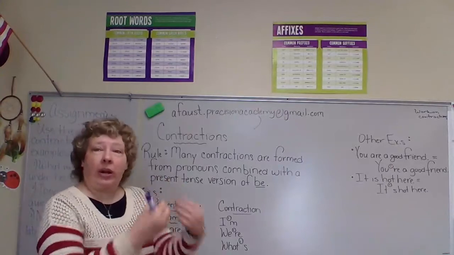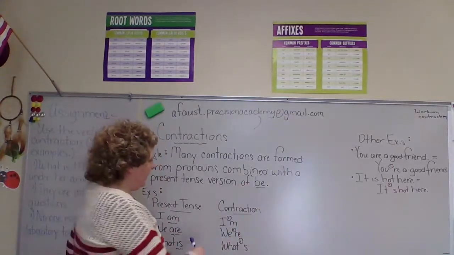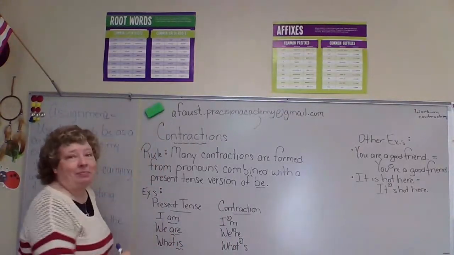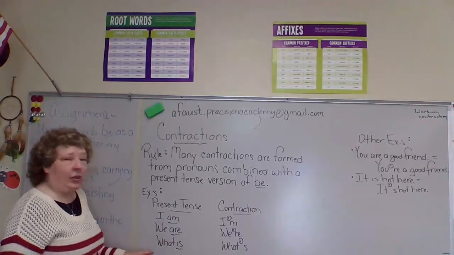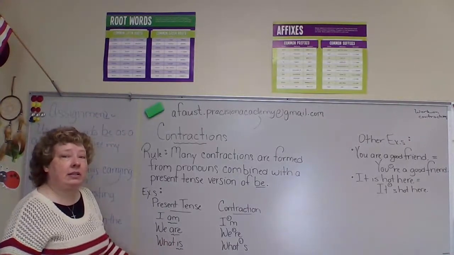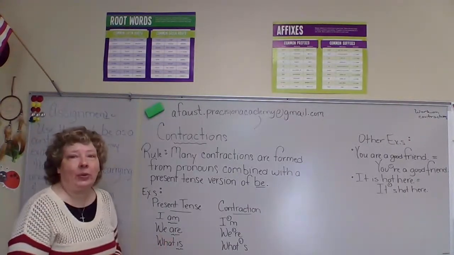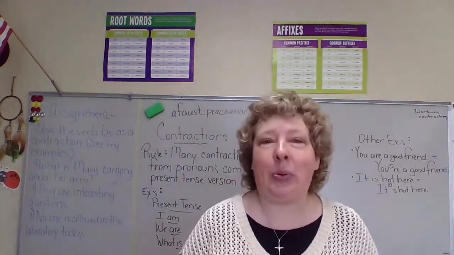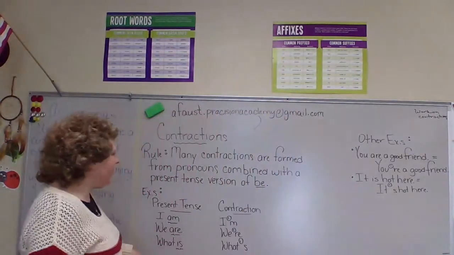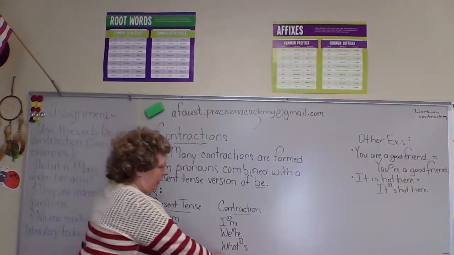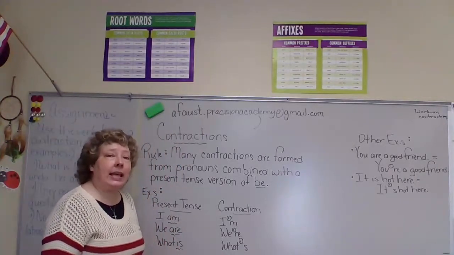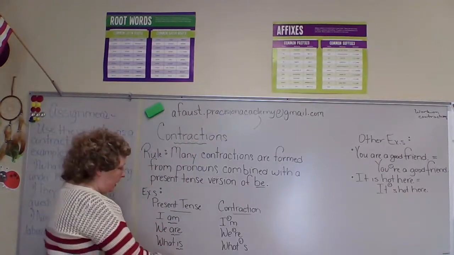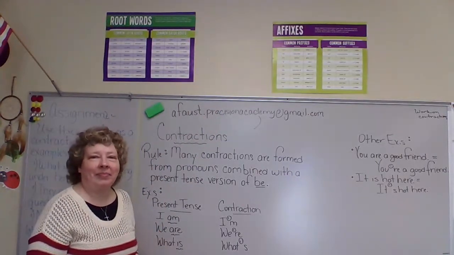We turn it into a contraction. We shrink it. Okay? It's we're. What did we lose? The A. Good job. Another example. What is? Yes. What is a pronoun? It may not look like he, she, or it, but it is a pronoun. How do we make it into a contraction? It's going to be what's. What apostrophe S. So what did we lose? We lost the I. Good job.